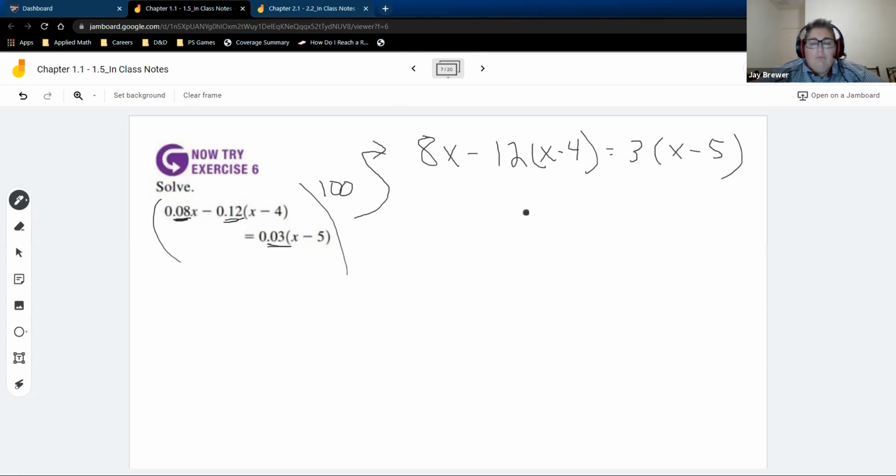Now, the question we have to ask ourselves is, why did I choose to only multiply the numbers outside of the parentheses? Why didn't I multiply the numbers inside the parentheses? Well, the reason for that is because these are all one factor. So when we multiply the outside by 100, we're in essence multiplying that whole piece by 100.